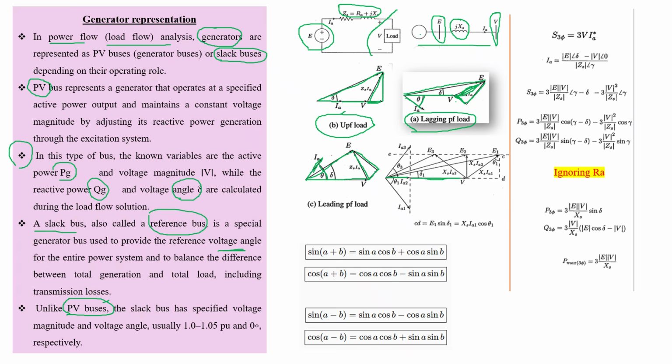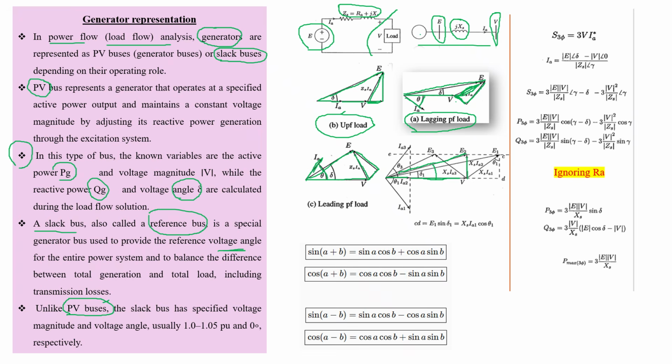By ignoring the resistance, the voltage drop due to reactance is perpendicular to the current, and we will have this E3 internal voltage, whereas the angle difference between V and E is called the power angle, and we have this magnitude of power angle.